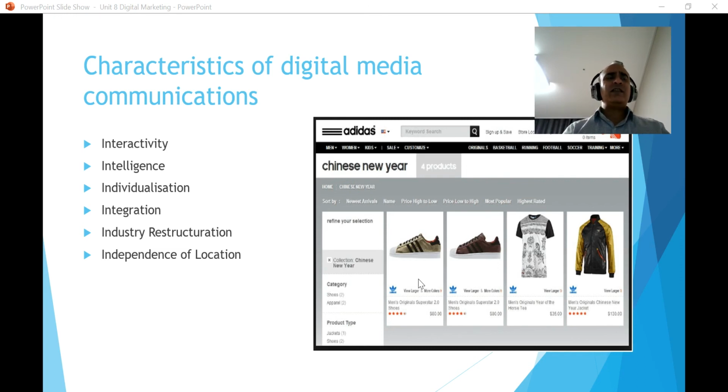We have to understand the integration of the different platforms online, in terms of the phone, in terms of the computer, etc. We have to understand the industry restructuring, because if we are selling online, how are we going to talk to suppliers, how are we going to connect with them, how are we going to distribute, how are we going to bring the product to your house. And then, of course, we have to give the independence of location, which again, in this case, is where you're located and how those cookies are working, etc.